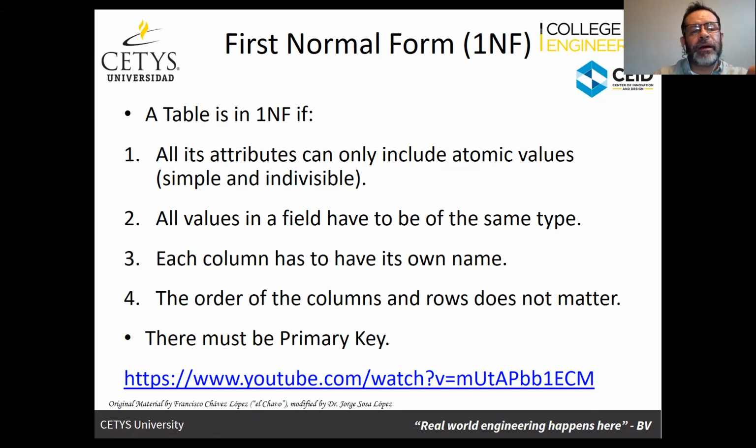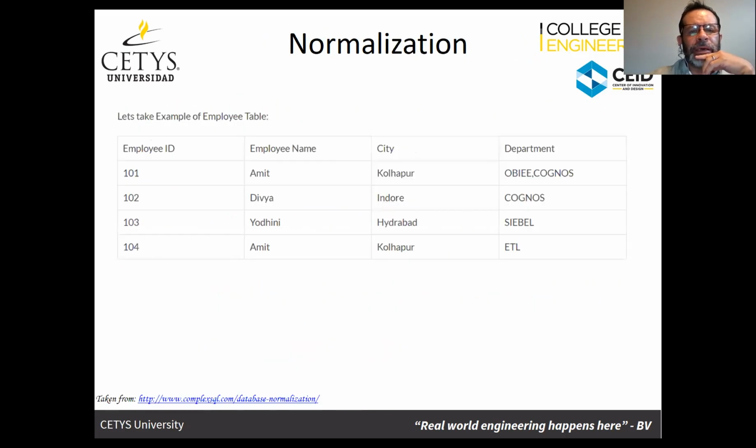Number two is that all values in a field have to be of the same type. That should be congruent. And actually, when we implement it in the database software, we're going to have to define the type of data that we use for each of the attributes. We can't combine them. So what does that mean? It means that if employee ID is going to be 101, 102, 103, 104, this is going to be a number.